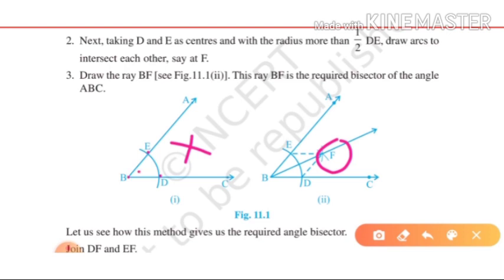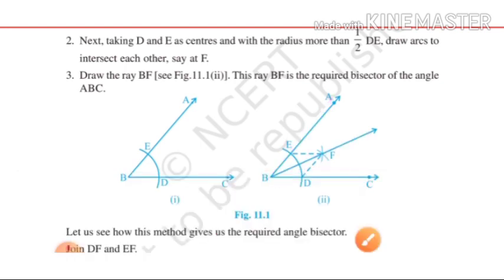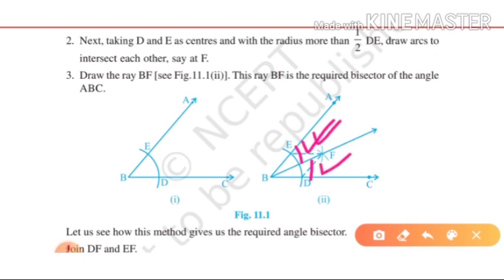With dotted lines we have to join this point. On joining you will have two angles, ABF and CBF. You can see this angle and this angle, so two equal angles are formed.